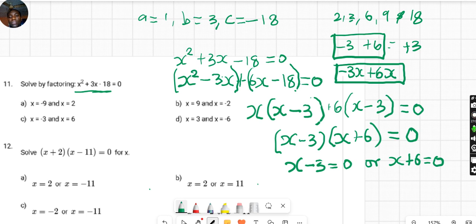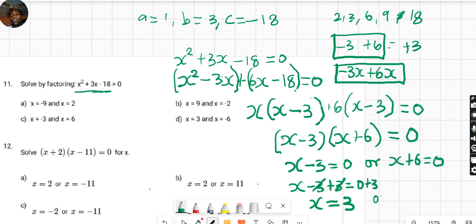For this first expression, we can decide to add 3 to both sides. So x minus 3 plus 3 is equal to 0 plus 3. Now minus 3 plus 3 will go to 0, and x is equal to 0 plus 3, which is 3. So for the first part, our x is equal to 3.